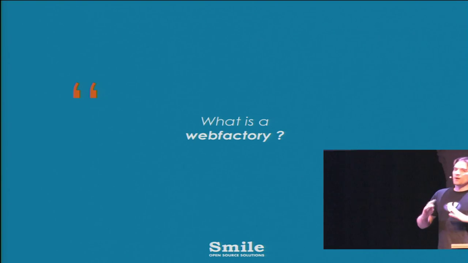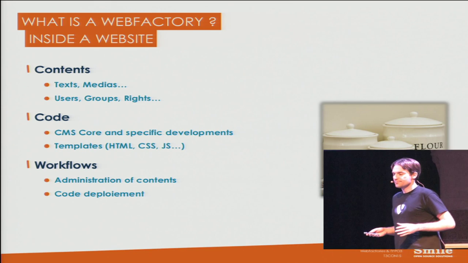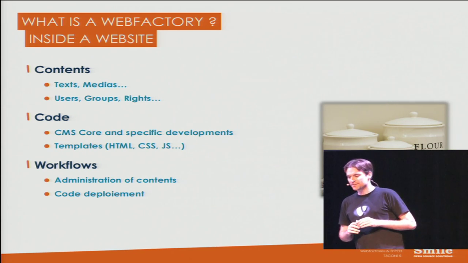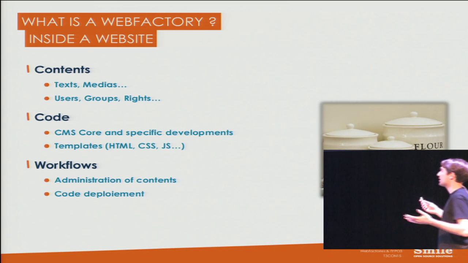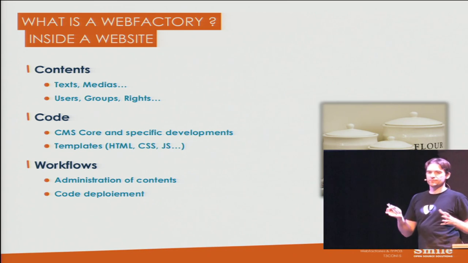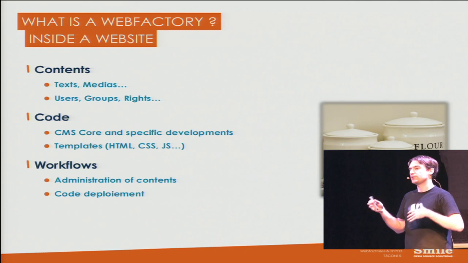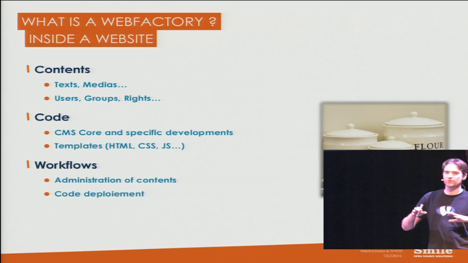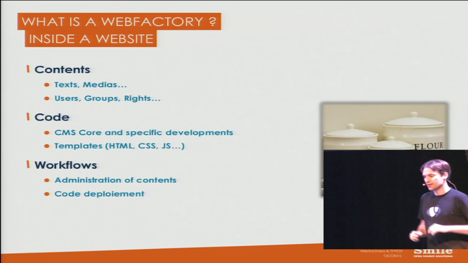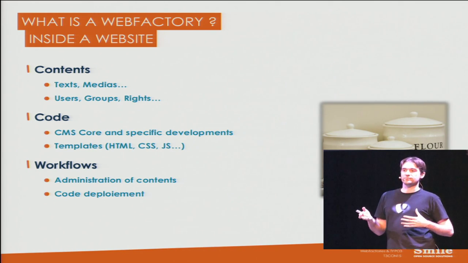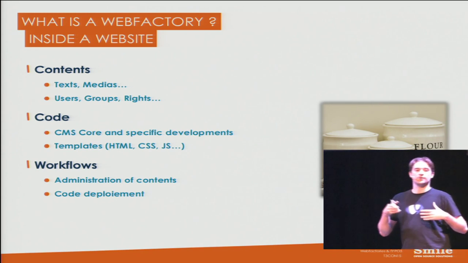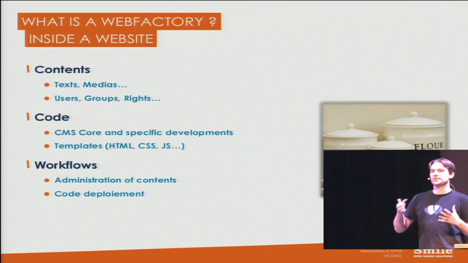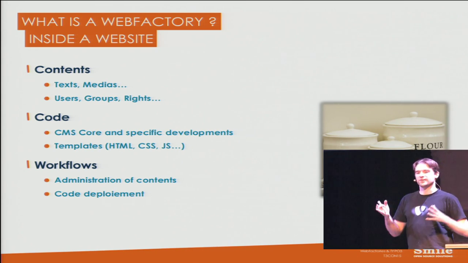So what is a web factory? In fact, it's a website. You have some ingredients in this website. You have some content, of course, not only text content, but also media, user pages, groups, access rights, a lot of things. We can consider everything as content. You also have some code, PHP code, your Typo 3 core, for example, your extensions, but also templating, what your website looks like.